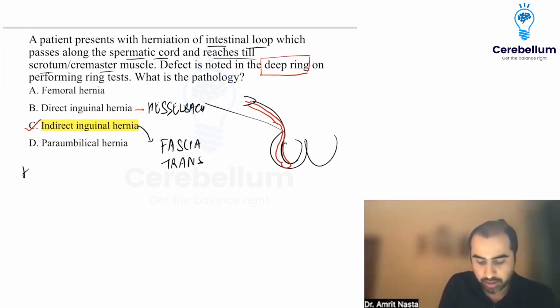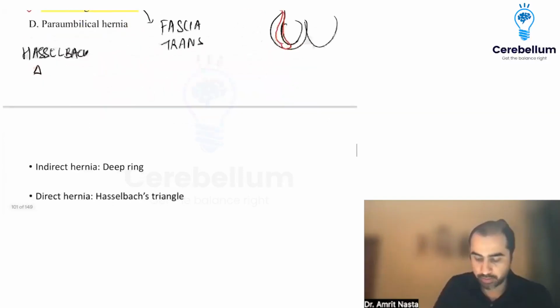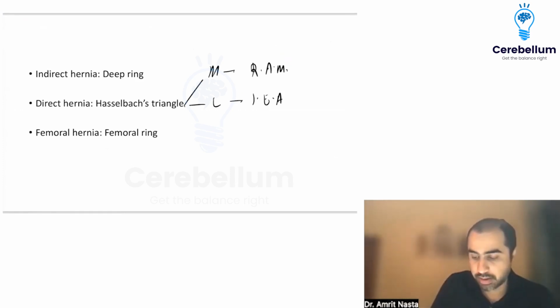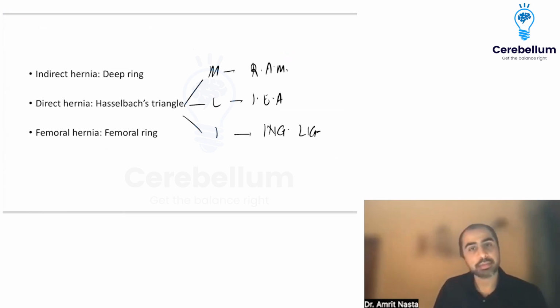Boundaries of Hesselbach triangle. You want me to tell you revision? I will tell you. So medially, it is going to be rectus abdominis muscle. Laterally, which came in FMG exam, is going to be inferior epigastric artery, and inferiorly is going to be inguinal ligament. ठीक है?